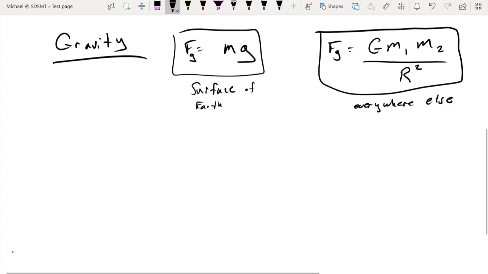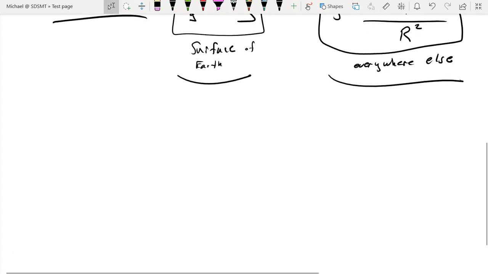This equation said for any two masses separated by a distance r, we can find the force of gravity between them. Now, of these two cases, which one is going to result in circular motion? Well, if I have a rock and I drop it straight down to the ground, that's just motion along a straight line.